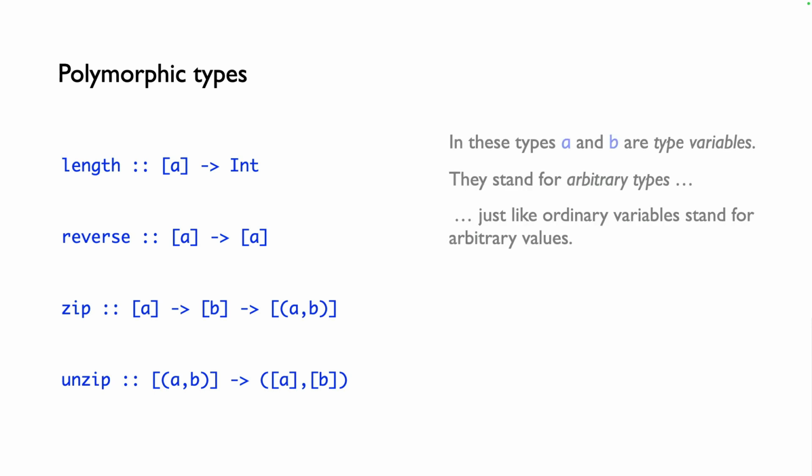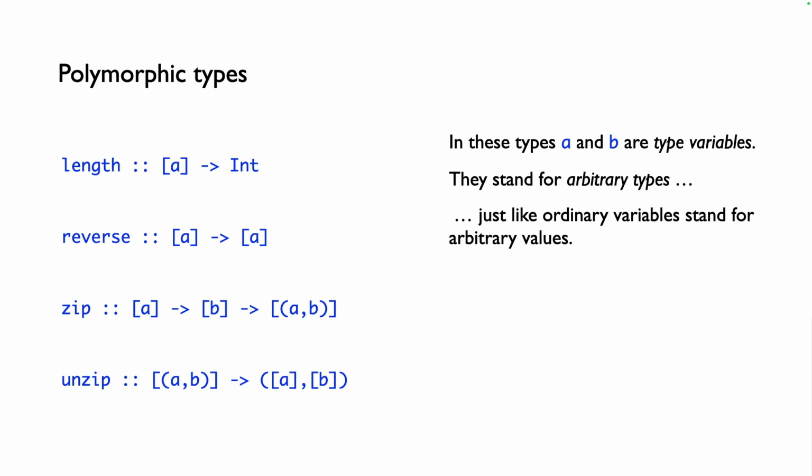So we can read these types as saying length takes a list of elements of any type to an integer. Reverse takes a list of elements of type A to a list of elements of that same type A. It doesn't change the elements, it just changes the order they're in.